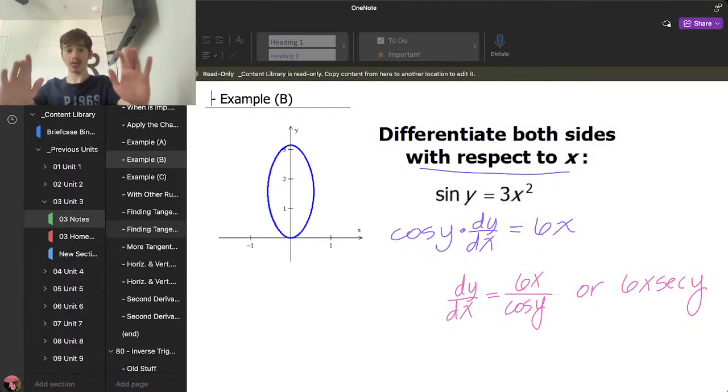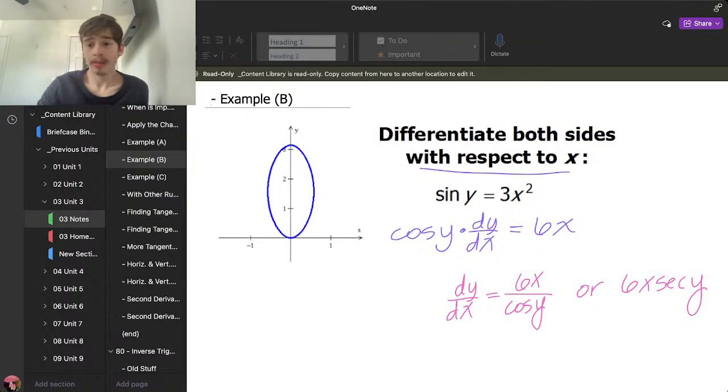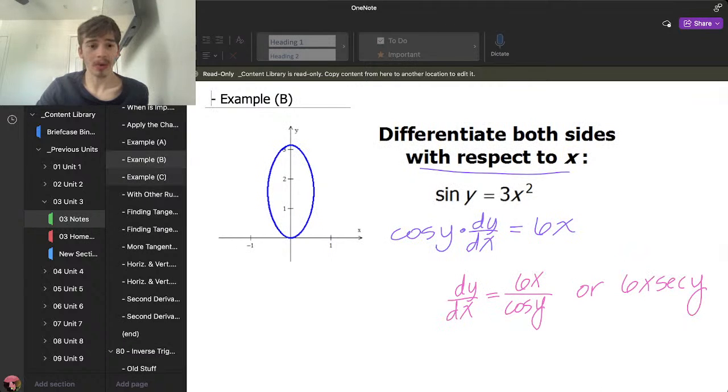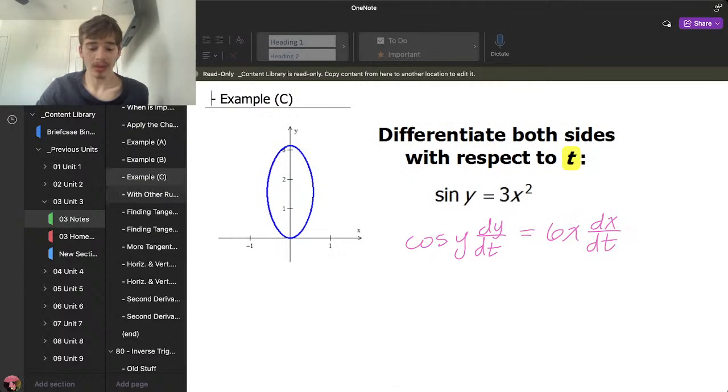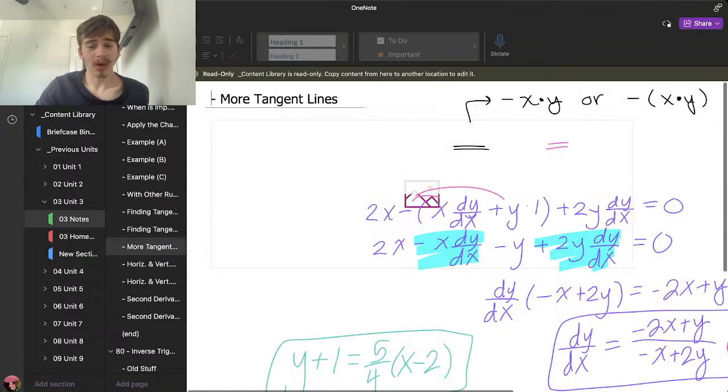Implicit, pretty easy. Take the derivative, whatever you do with respect to y, multiply it times dy dx as a form of chain rule almost. Easy peasy. And then just isolate your dy dx and you'll have your derivative with respect to x and y. Easy. We know all this.